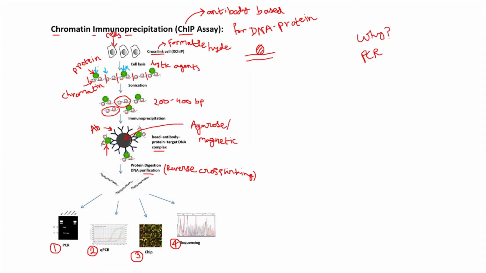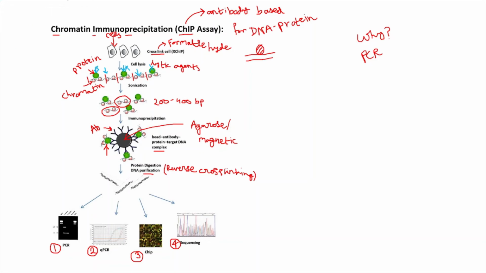Again you will have fragmentation here, and again here. Again here you will have no fragmentation because a particular protein is binding here. So only those portions of chromatin where you have protein binding will not have any fragmentation. Other portions where you don't have protein binding will have fragmentation.